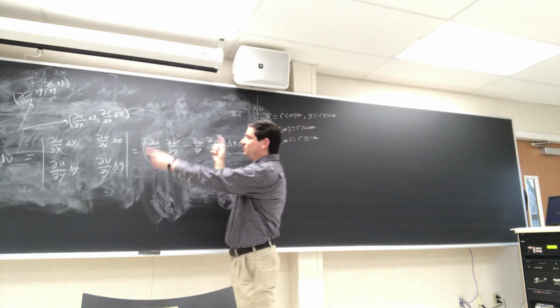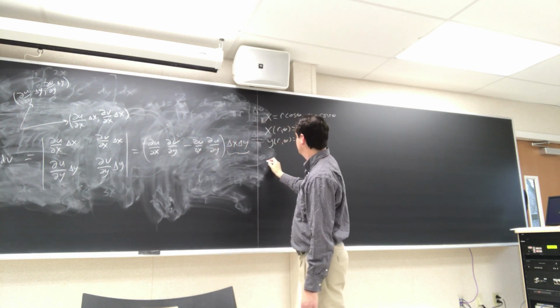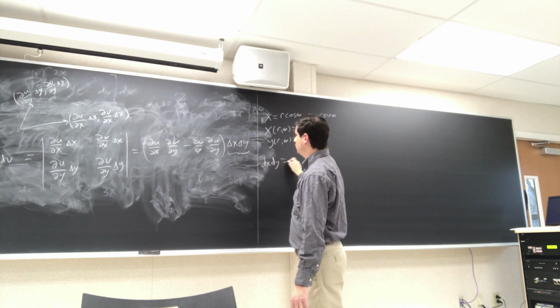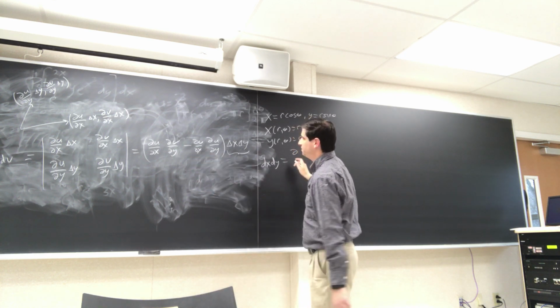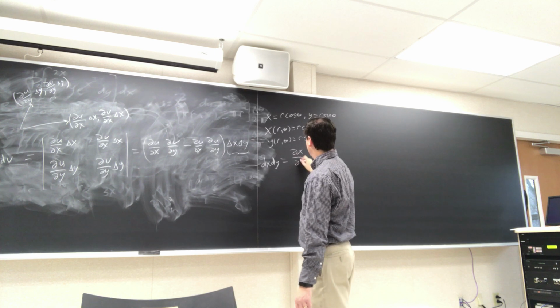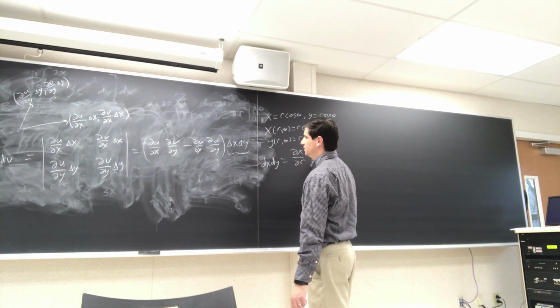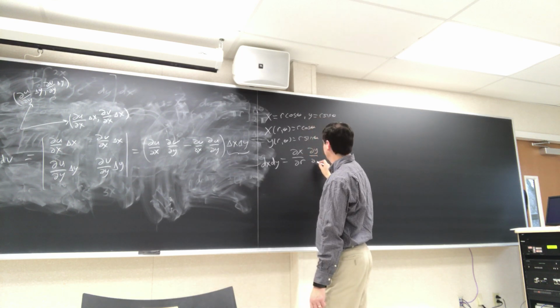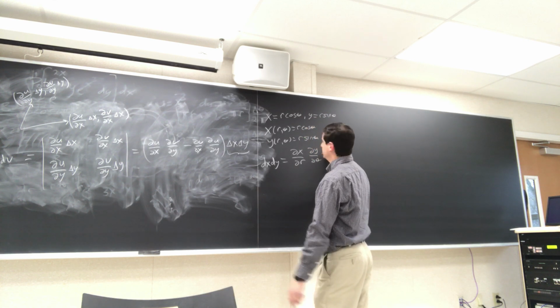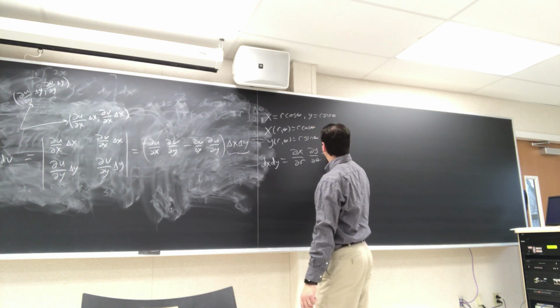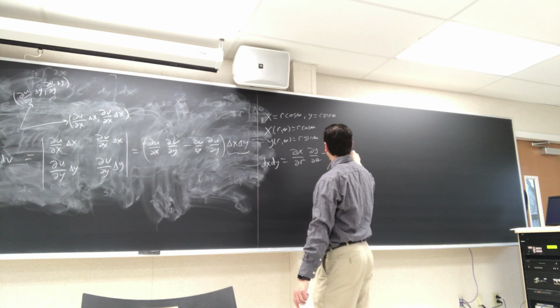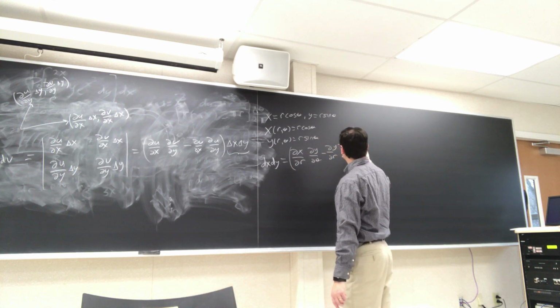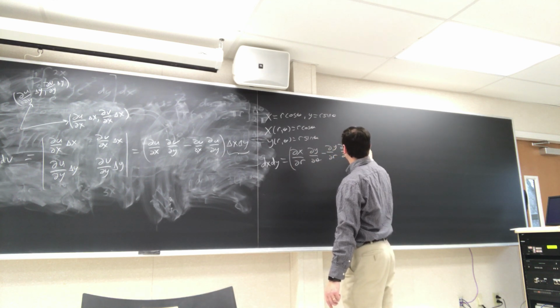So unfortunately, flipping the roles of u and v and x and y, I would get dx dy would equal dx dr dy d theta minus dy dr dx d theta, times dr d theta.